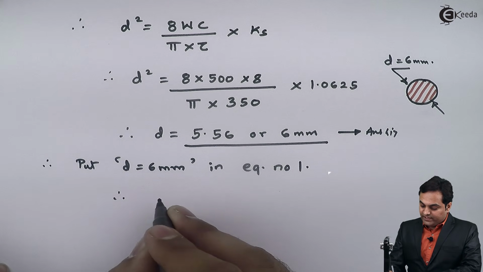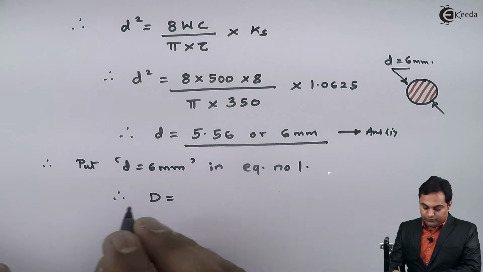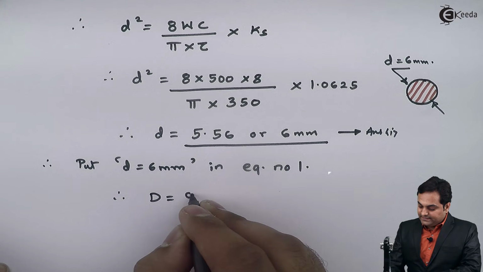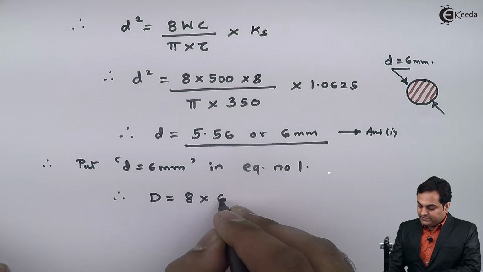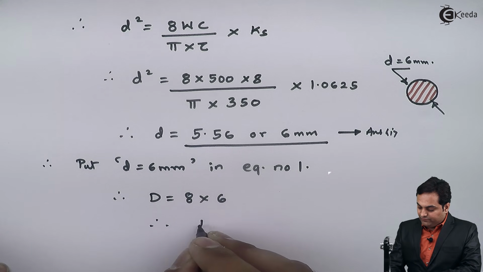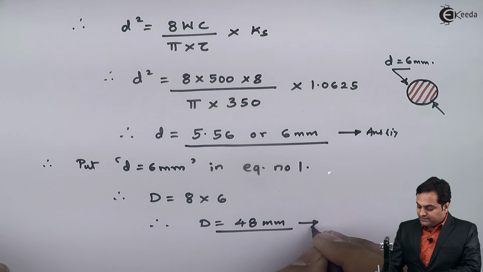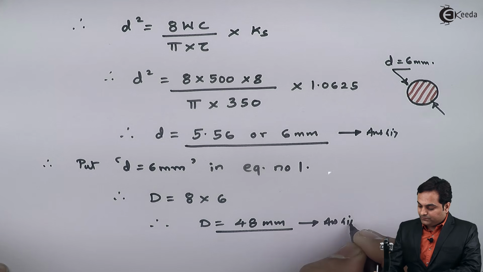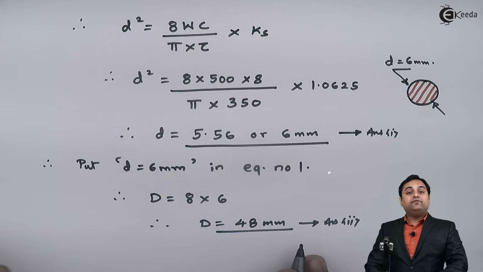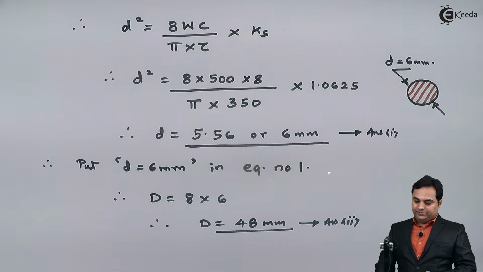So we have capital D equal to C into d. C is 8 and small d is 6. So here I get the value of capital D as 48 mm. This is our second answer. So here I have got the mean coil diameter.